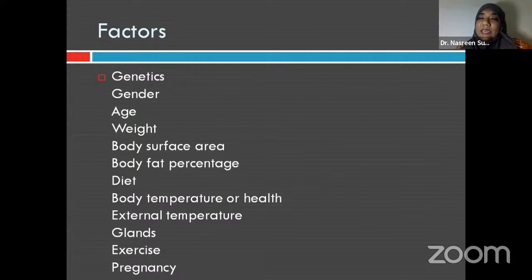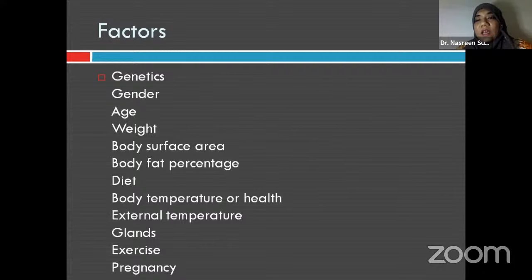Okay. Then age. As your age increases, your BMR will decrease. Weight. As your weight increases, your BMR decreases. And as your BMR decreases, your weight will also increase. BMR decrease, weight increase. Body surface area.